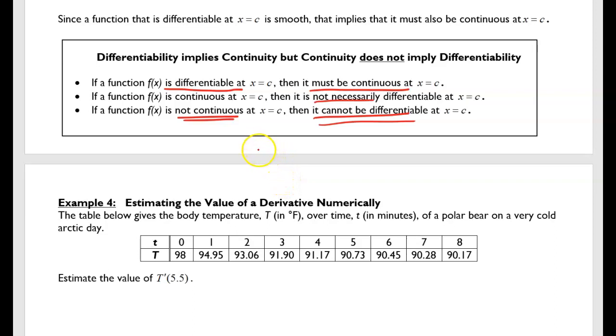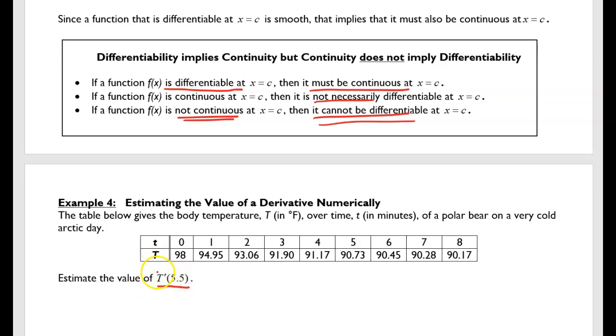So we're going to practice finding the derivative numerically now. That means from a table of values. So in this problem, we know that this table gives us the body temperature in Fahrenheit over time of a polar bear on a very cold Arctic day. So it asks us to find T prime of 5.5.